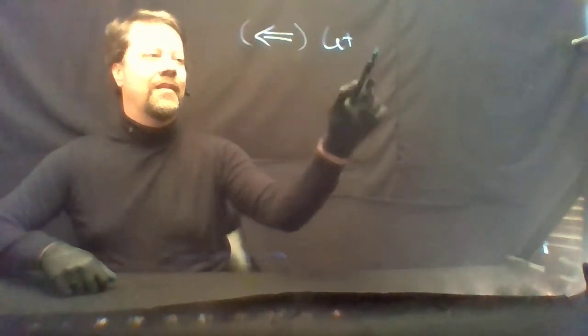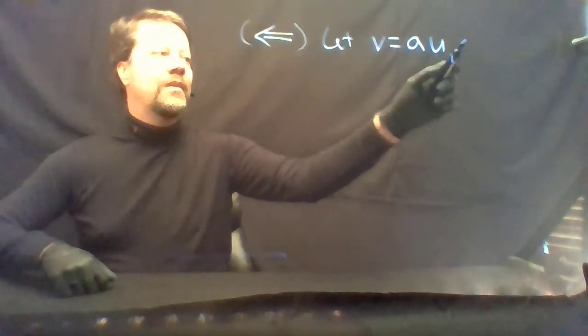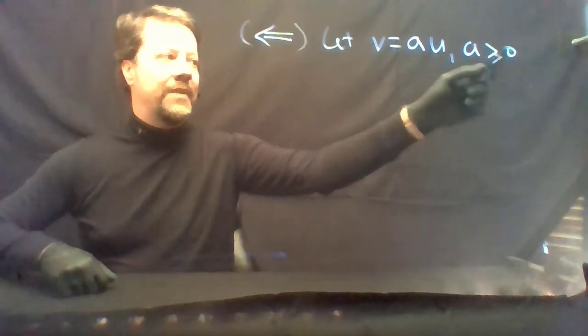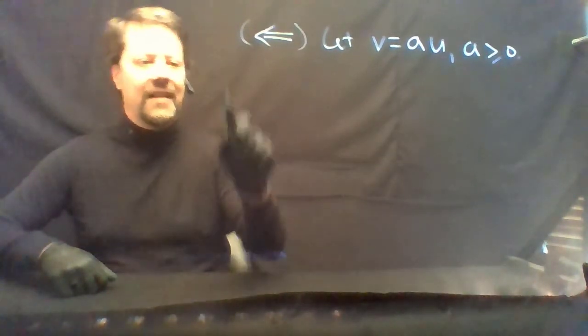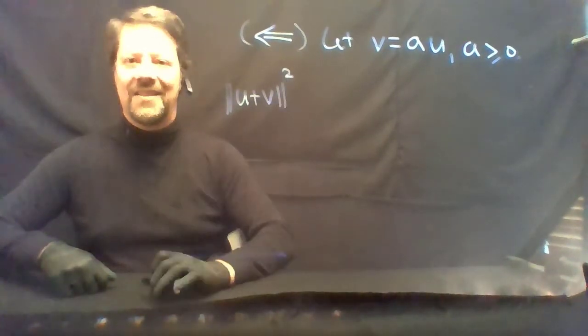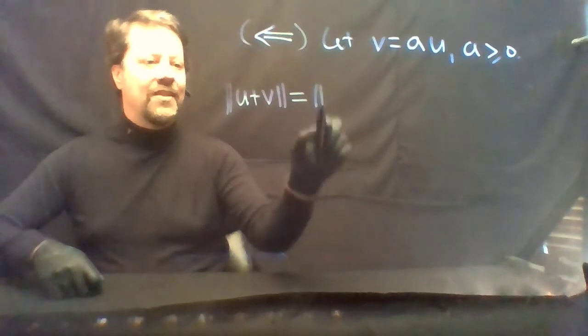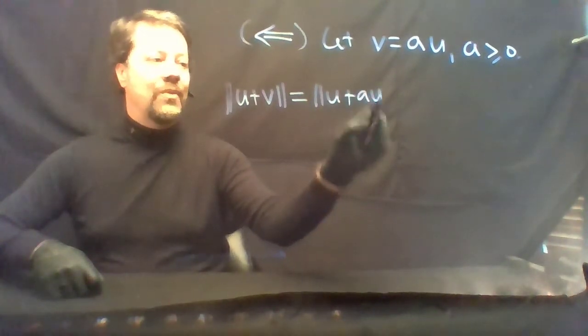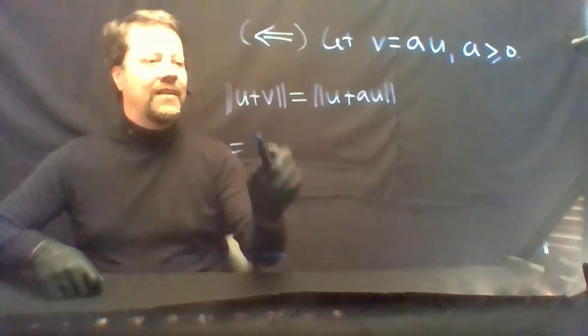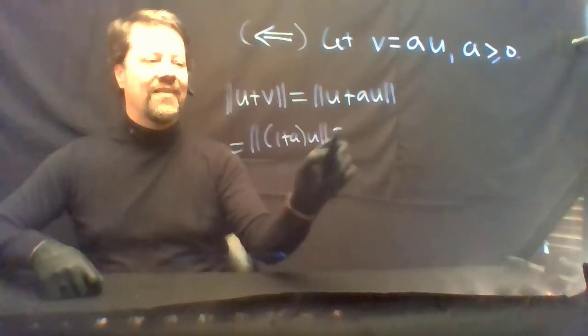To conduct the proof the other way around, let's suppose v is some scalar a times u, where that scalar is bigger than or equal to 0. Let's look at the norm of u plus v. That's the norm of u plus au, which is the norm of 1 plus a times u.